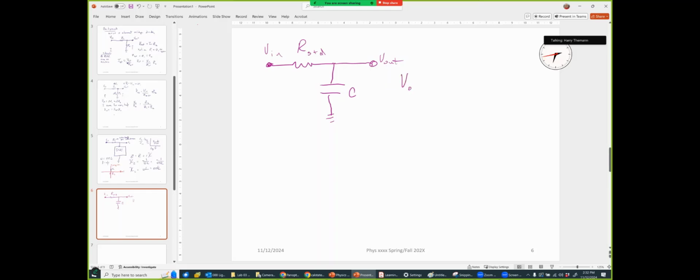So remember, V out over V in. We can drop the negative sign for the moment. I'll get into that more next week. So remember, it's Z2 over Z1 plus Z2.